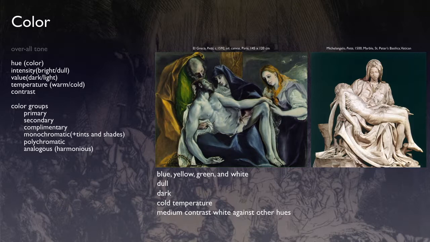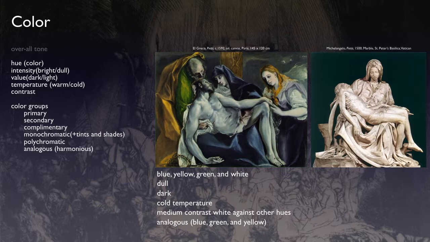The dark blue cloak of Mary, the dark yellow cloak of John the Apostle, the very dark purple dress of Mary Magdalene, and then talk about the somewhat medium contrast of the grayish white, dull body of Christ against the dark blue cloak of Mary.